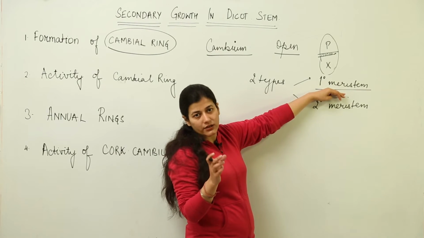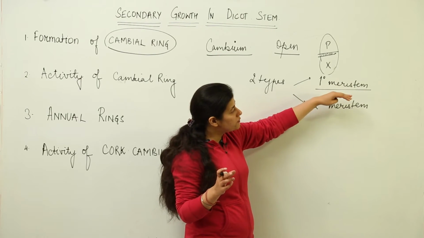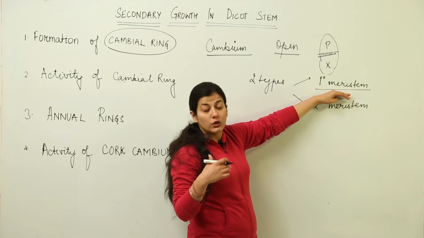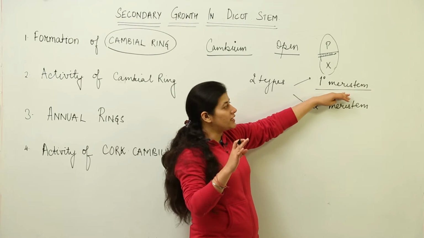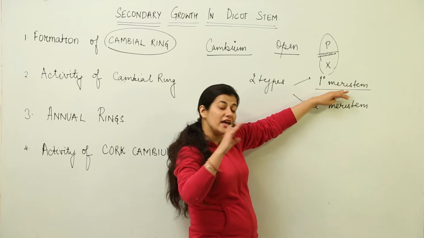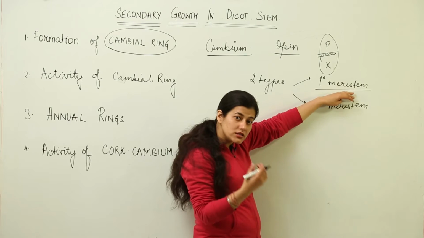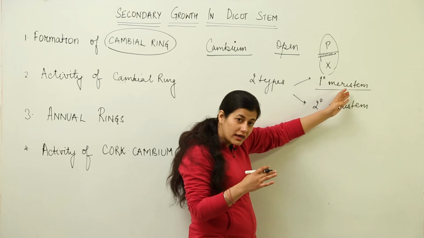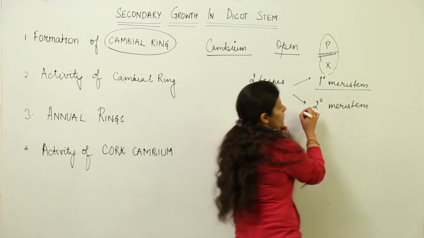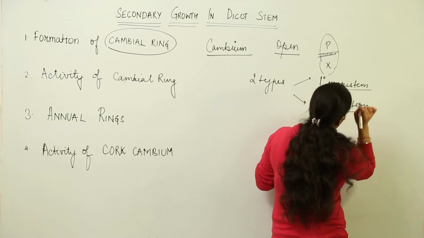At some stage of the plant life, the cells which had originated from the primary meristem had lost the ability to divide, can again become meristematic and form the secondary meristem.